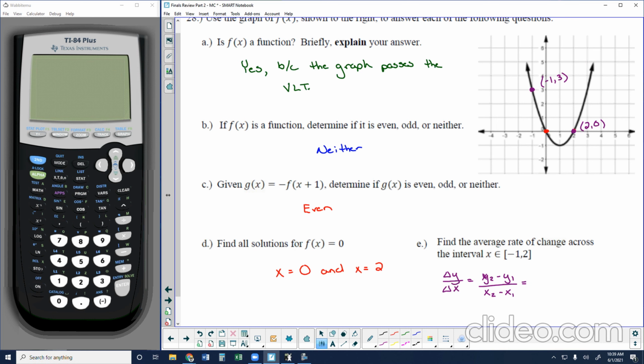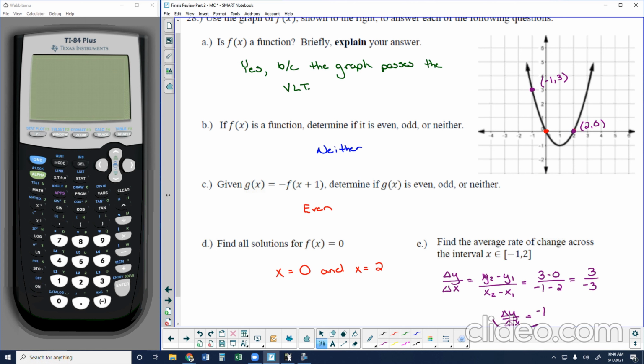So if I want to do this algebraically, I can input the y values, 0 minus 3, over the x values, 2 minus -1, and this would give me -3 over 3. So the average rate of change, the change in y over change in x, would be -1.